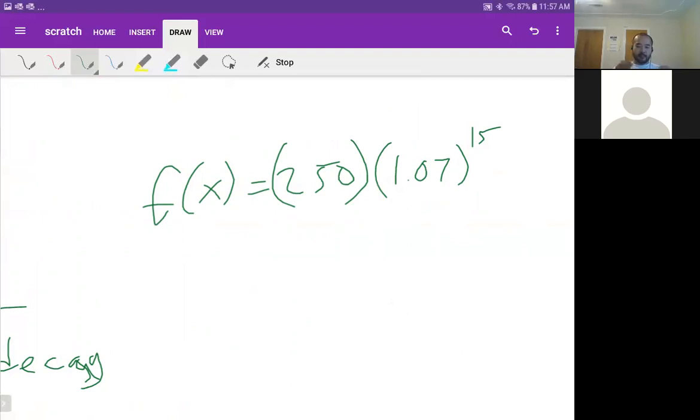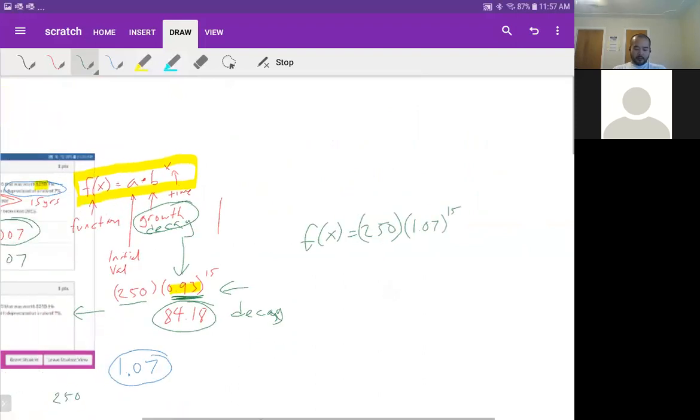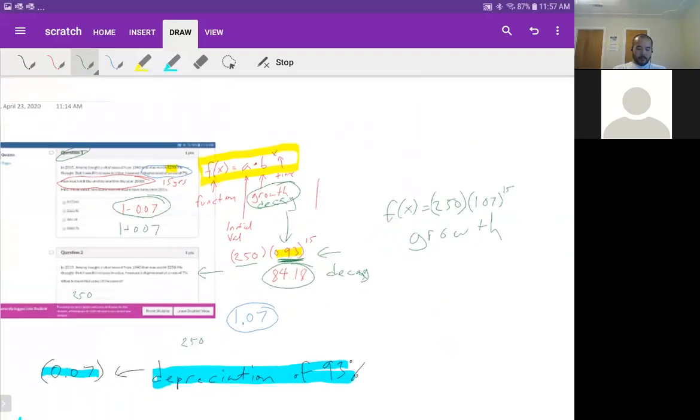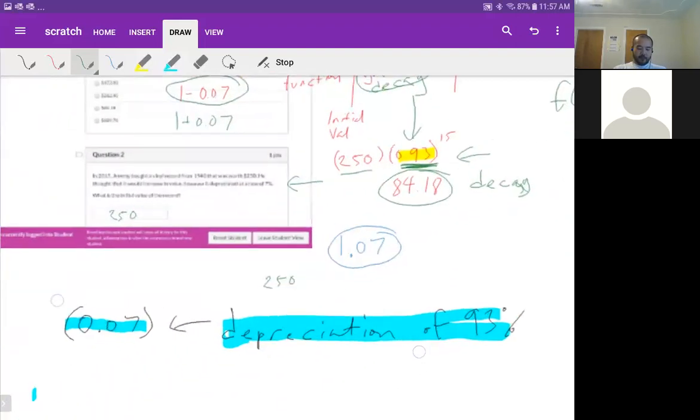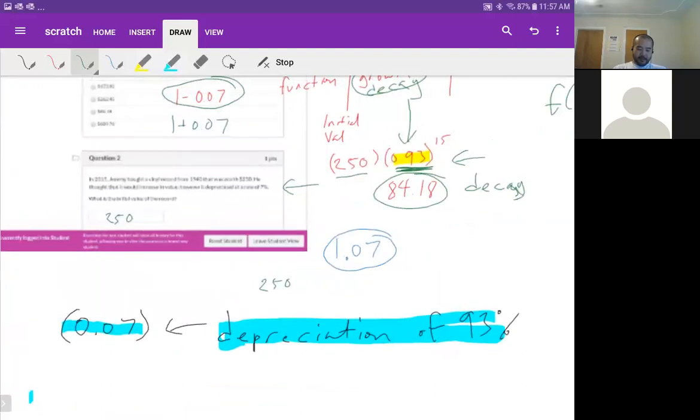But because it increases, you add 7%, and it still goes for 15 years. So this is the growth version of it. If you had 0.07 going right here, that would mean there was a depreciation of 93%, which is huge depreciation.